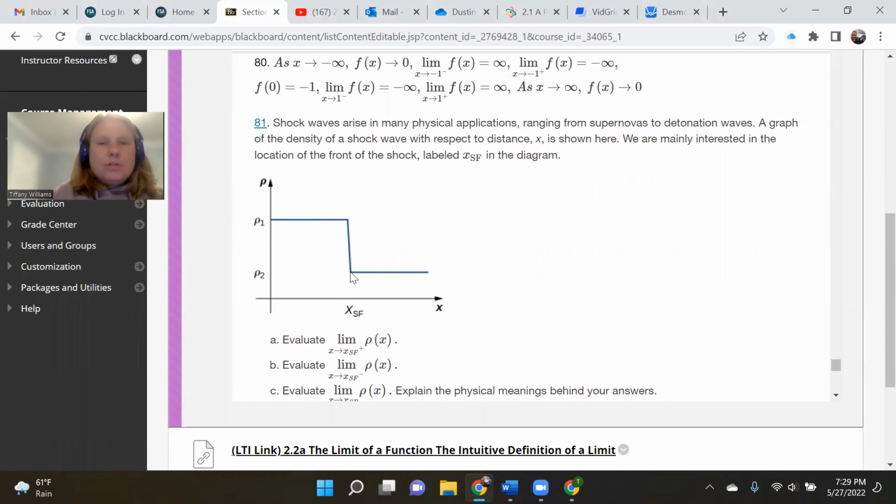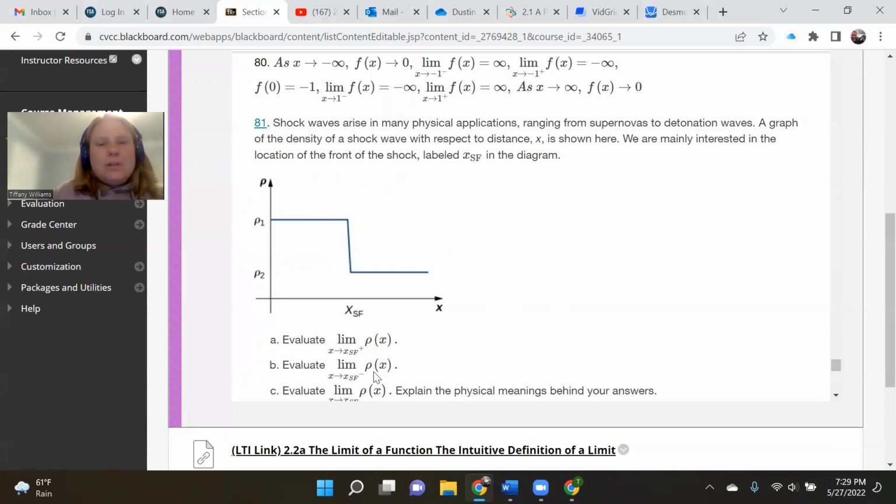From the right, it looks like we were approaching not P2, it's our density 2, right? So we're at a lower density because the shock waves hit. So the shock wave hits like right here. So we're at density 2 here. I keep saying P, that's a Greek symbol. So we're at our density 2 here.